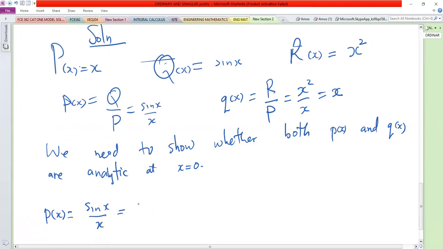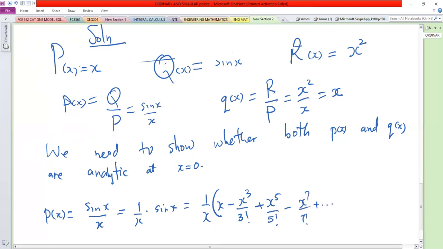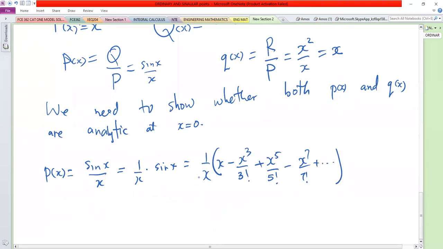This can be written as 1 over x times sine of x, and sine can be written as a series: x minus x cubed over 3 factorial plus x power 5 over 5 factorial minus x power 7 over 7 factorial plus etc. And when you multiply by 1 over x, this gives us small p of x equals 1 minus x squared over 3 factorial plus x power 4 over 5 factorial minus x power 6 over 7 factorial plus etc.